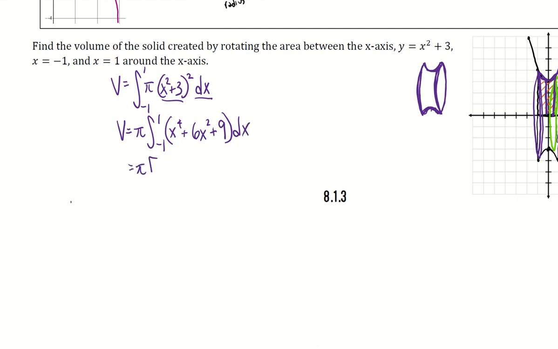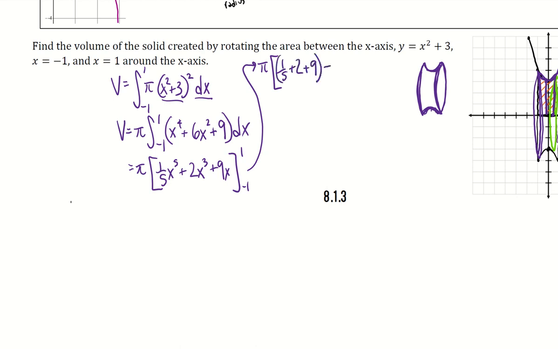So the antiderivative would be 1/5 x to the 5th plus 2x cubed plus 9x from -1 to 1. I'm going to plug in 1. I get 1/5 plus 2 plus 9. Plug in -1. I get -1/5 minus 2 minus 9.